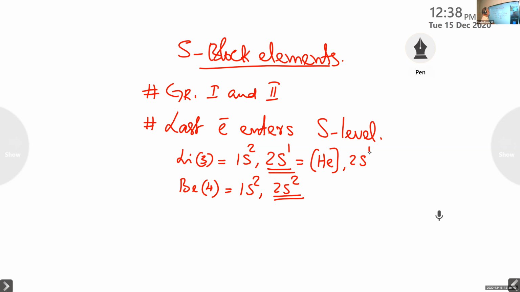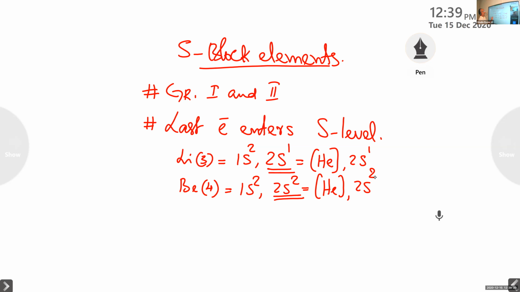Similarly, you take beryllium, 1s2, 2s2. The inner core, 1s2, is the electronic configuration of the nearest noble gas, namely helium itself, and 2s2.